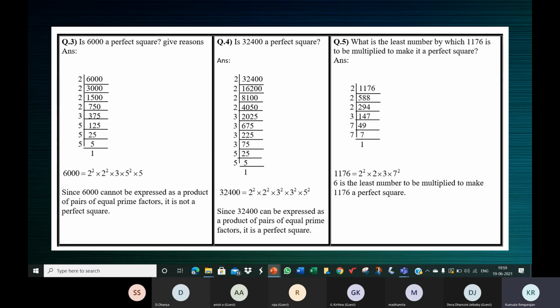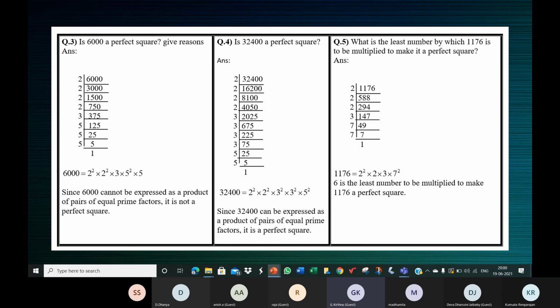Yes, Danya has shared an answer. Very good. Kirtana, you too share the answer. Is it possible for Kirtana to share the answer on WhatsApp? Yes, ma'am, I'll share. Kirtana, I've got the answer from Danya for the first one. Share it for the second one, which you're doing now.